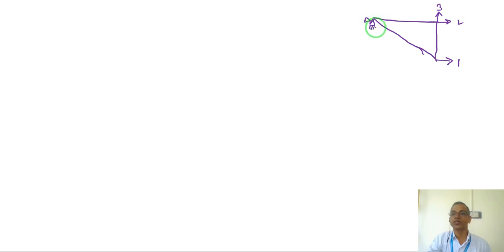Here this is a hinge, and there is a roller, and this angle is 53 degrees. This is 500 length, 300 millimeter length, and 400 millimeter length. A, B, C.